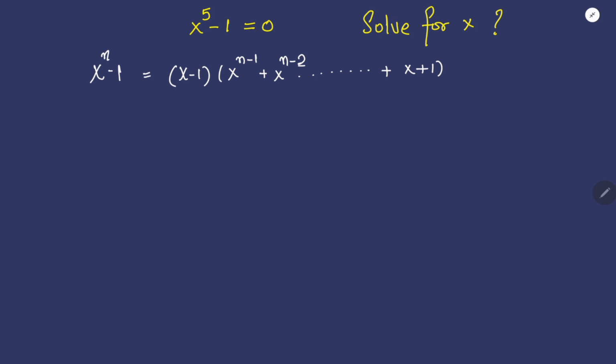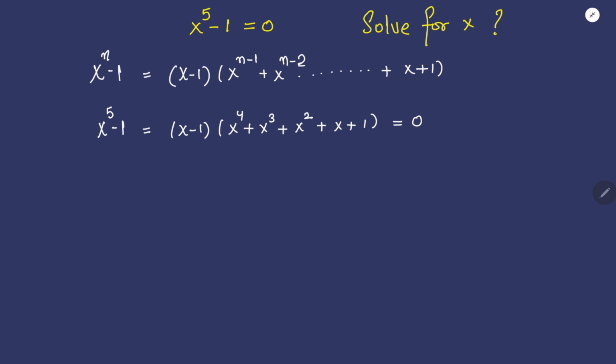So here I have x raised to power 5 minus 1. That means this can be written as x minus 1 times x raised to power 4 plus x raised to power 3 plus x raised to power 2 plus x plus 1 is equal to 0.